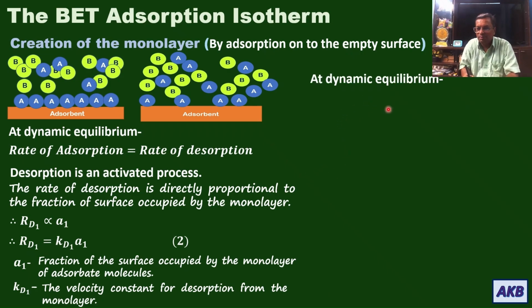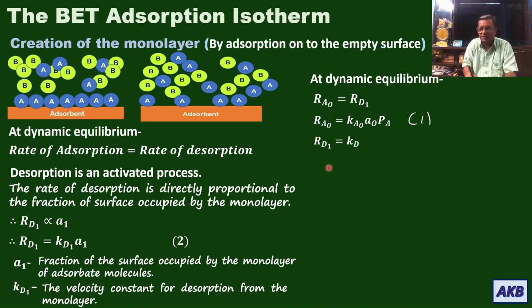Then at dynamic equilibrium, what happens? Rate of adsorption on the empty surface becomes equal to rate of desorption from the monolayer. Earlier we got the equation for Ra naught, that was equation number 1. Ra naught is Ka naught into A naught into Pa. And now you have equation number 2, which gives us Rd1.